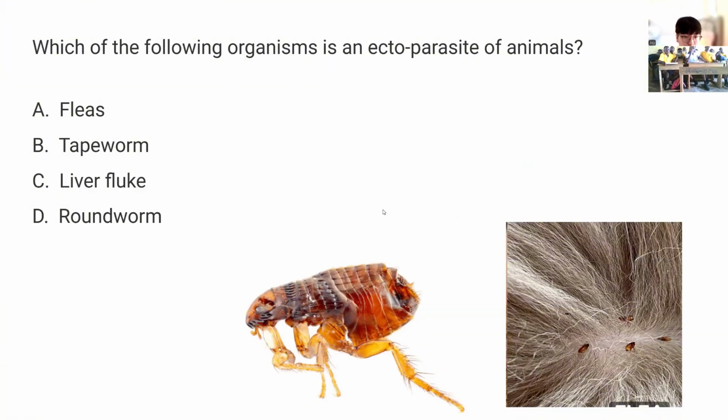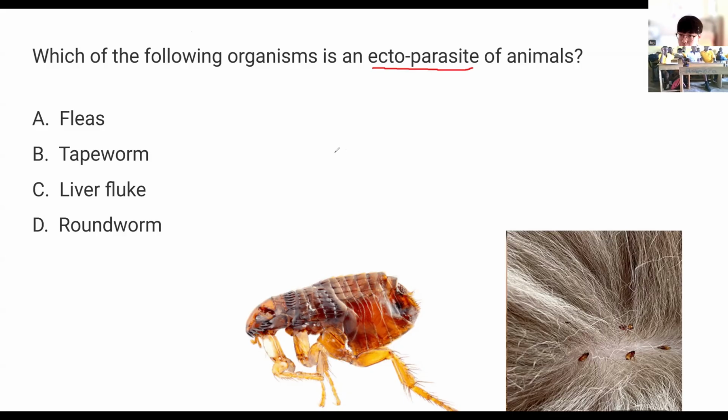Okay, so let's move on to a different type of question. It's more about parasites and other sorts of infections. Which of the following organisms is an ectoparasite of an animal? Ectoparasite means living outside of our body. Ecto means outside.